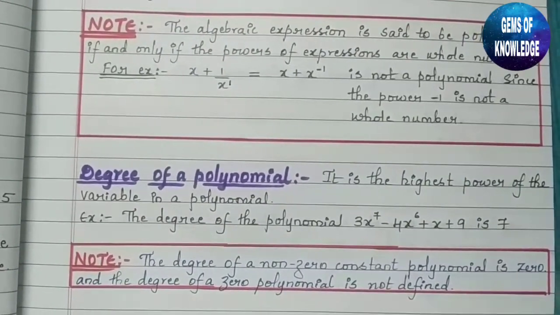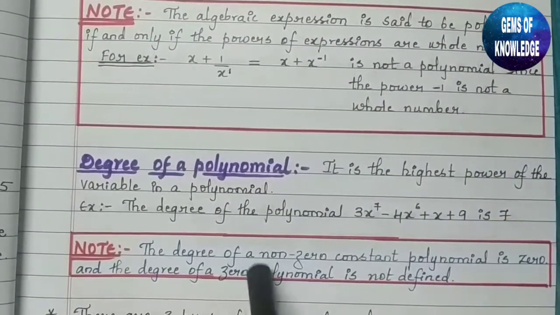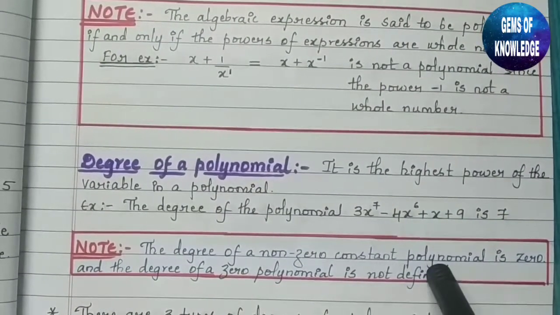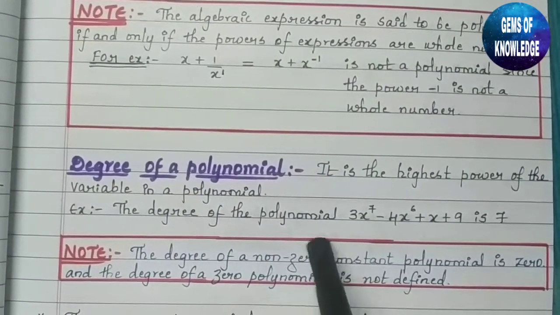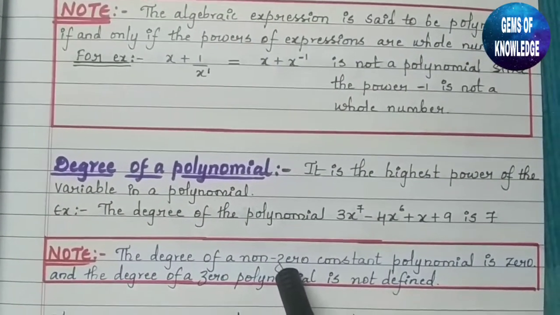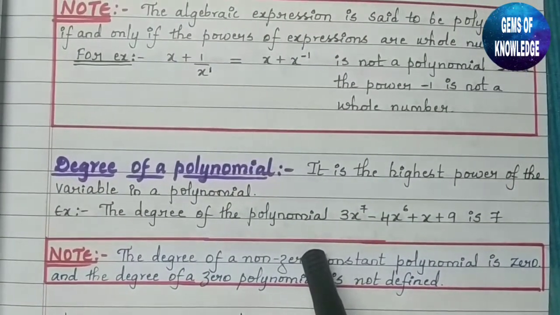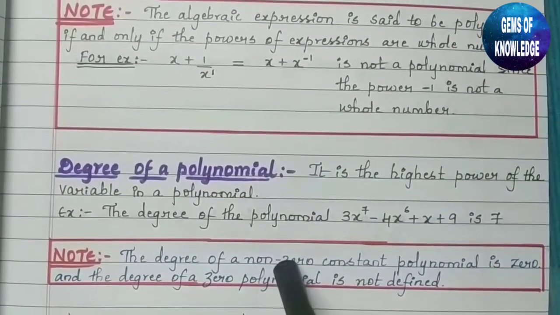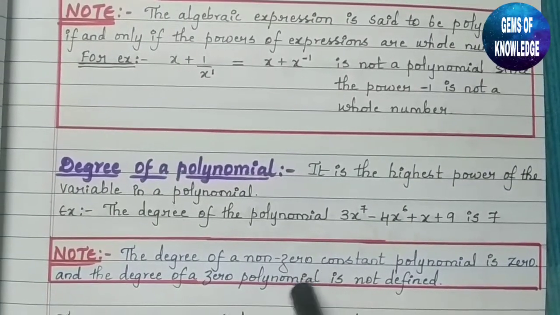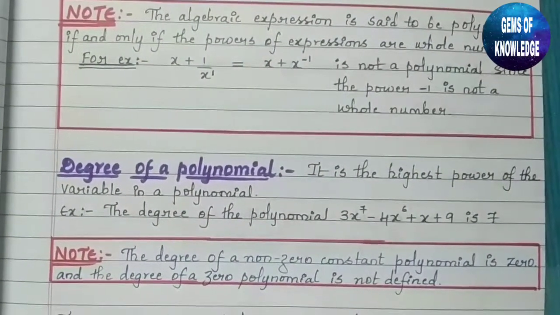Okay. One more note has been placed here. As you can see, the degree of a non-zero constant polynomial. If it is a non-zero constant polynomial, it should be non-zero. Non-zero means it is not 0. The number is not 0. Instead, it will have any other number like 1, 2, 3, 4, 5, 6, 7, 8, whatever the number is.